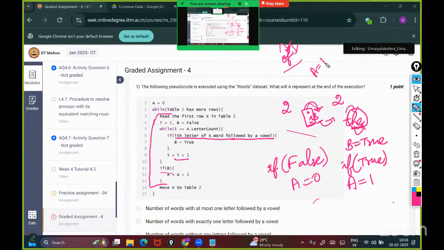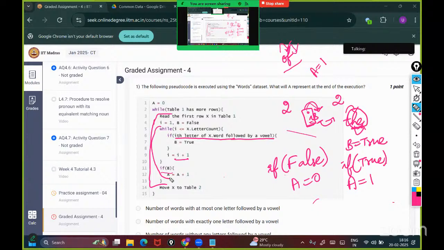I is equals to 1, B is equals to false, so any word which has letter 1, like if I say A, a bat, then for A it will be false, right? Because it is not being followed by any vowel. Is that right?